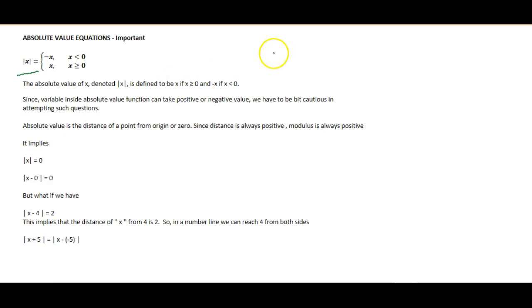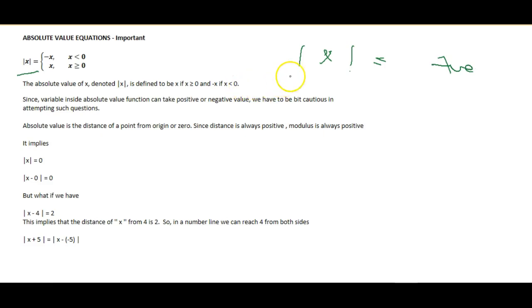So first, let us see what an absolute value equation is. Anything inside two lines, in our case x, will give a positive result. This is the absolute value function, or the modulus of the function.